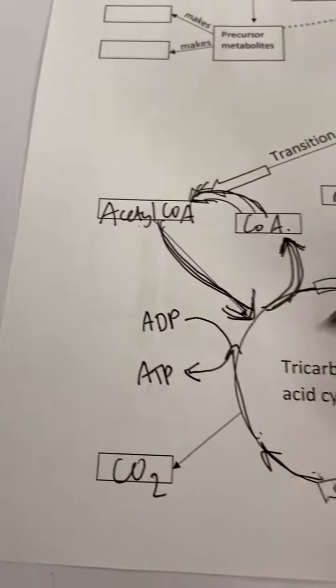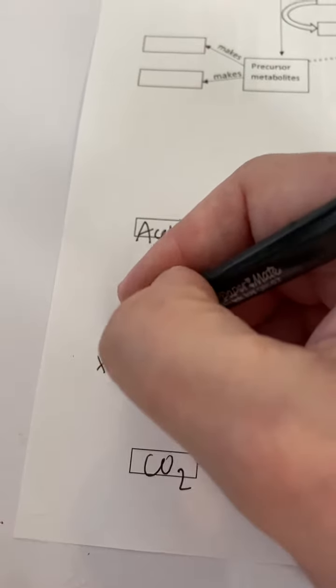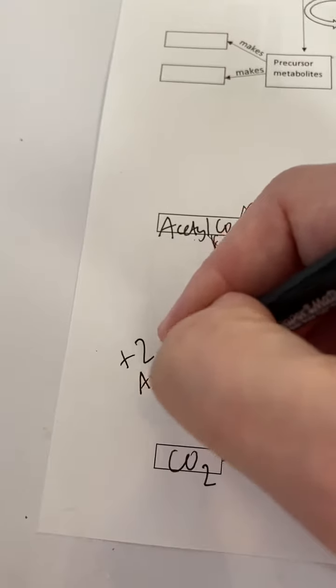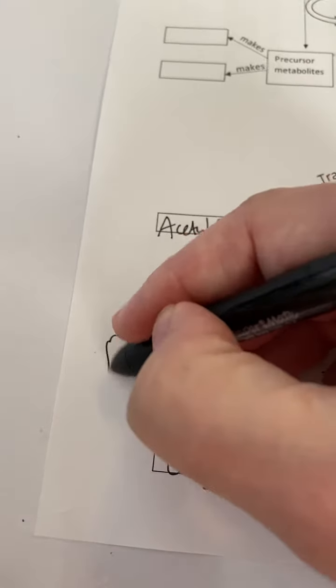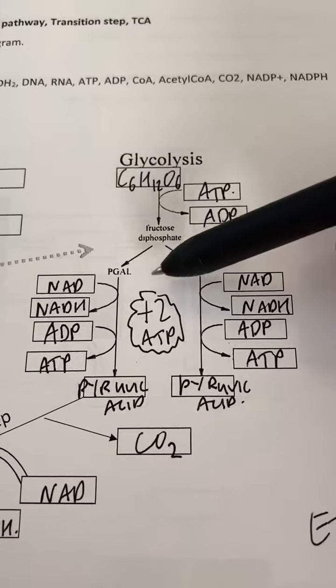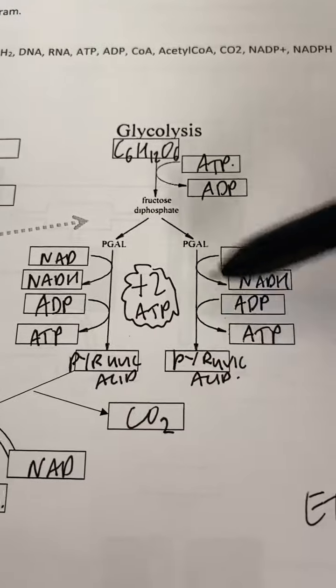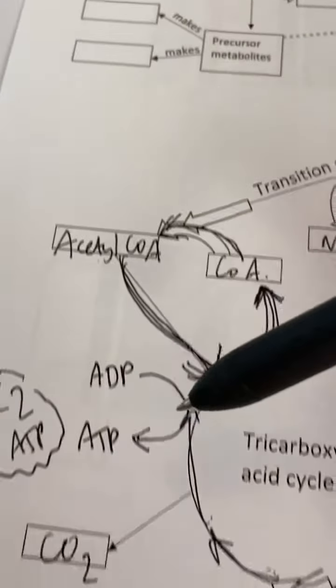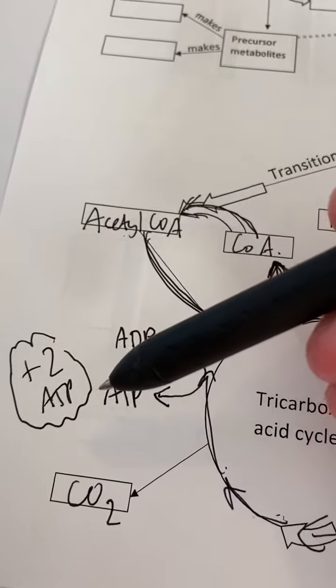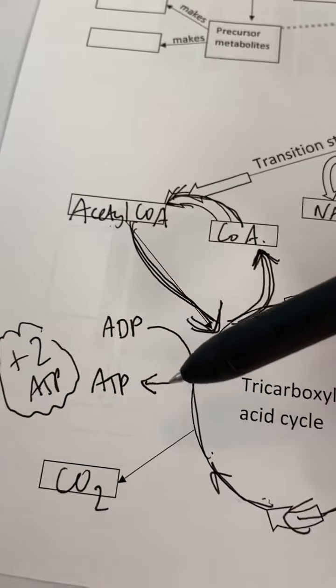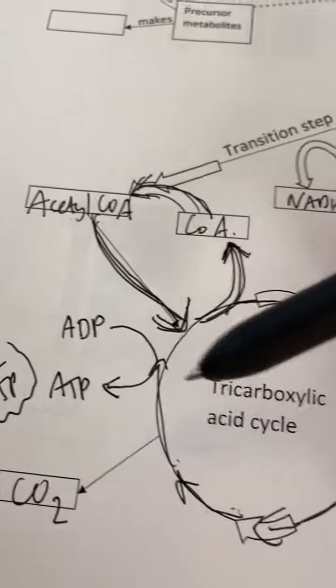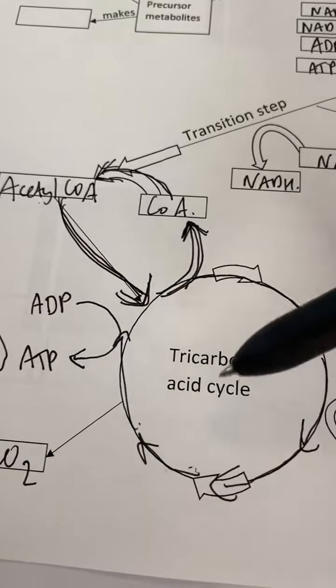So again, our tricarboxylic acid cycle is able to generate 2 ATPs. So over here, we made a small amount of ATP through substrate level phosphorylation in glycolysis. And down here, we made another small number of ATPs through substrate level phosphorylation in the tricarboxylic acid cycle.